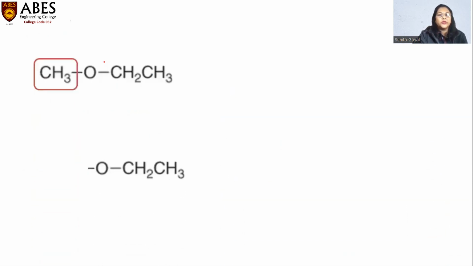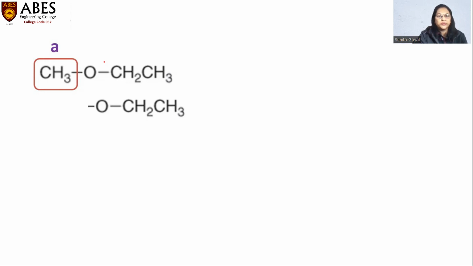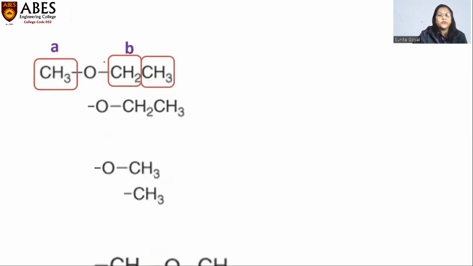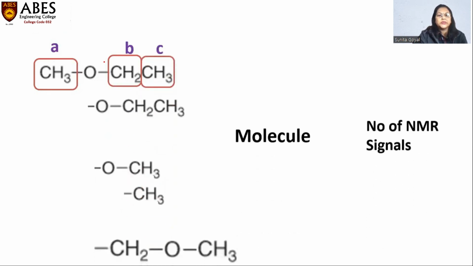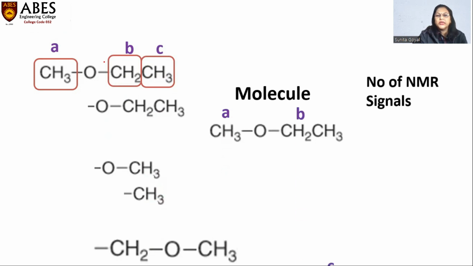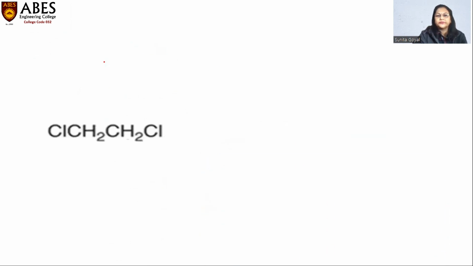In the third example, we can see there are 3 sets of protons: 2 methyl groups at the terminal positions, and in the vicinity of oxygen, 1 methylene set of 2 hydrogens. So 3 types of protons are present, and there will be 3 NMR signals.